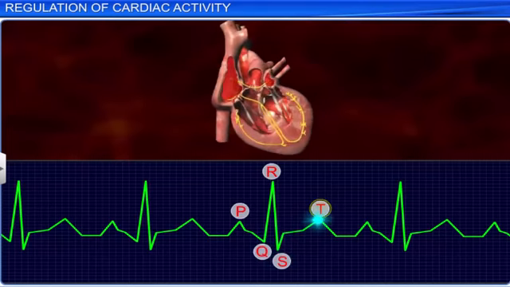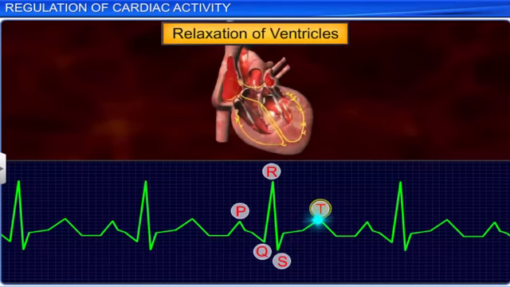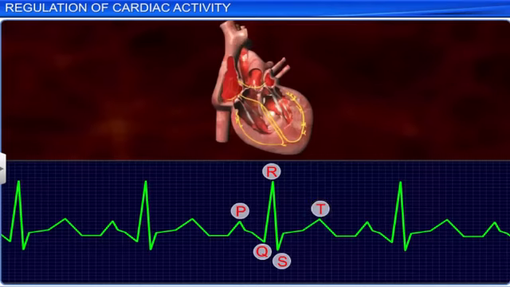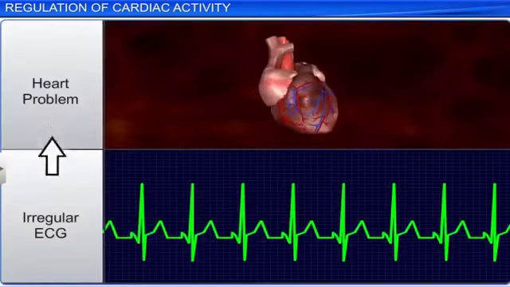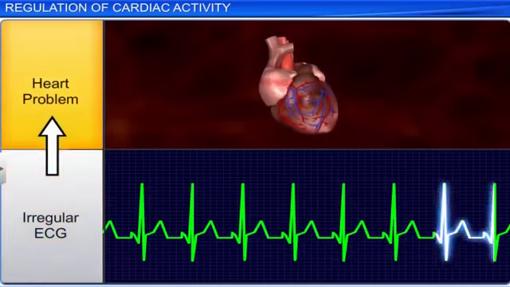The final T wave corresponds to the relaxation of the ventricles to the normal state, or repolarization, and the end of the systole. The number of QRS complexes equals the number of heartbeats. Hence, any deviation from the standard ECG signals a problem relating to the heart.